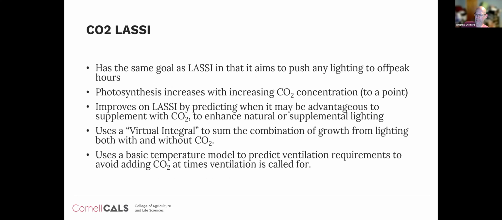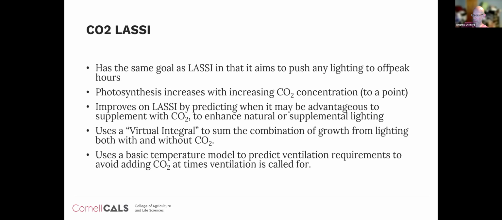And so the CO2 version of LASSI has basically the same goal as LASSI: we want to get the same amount of growth every day of the year, I should say. And again, it still tries to push the lighting into the cheaper periods of the day. This also improves on it by deciding when it would be advantageous to use CO2.